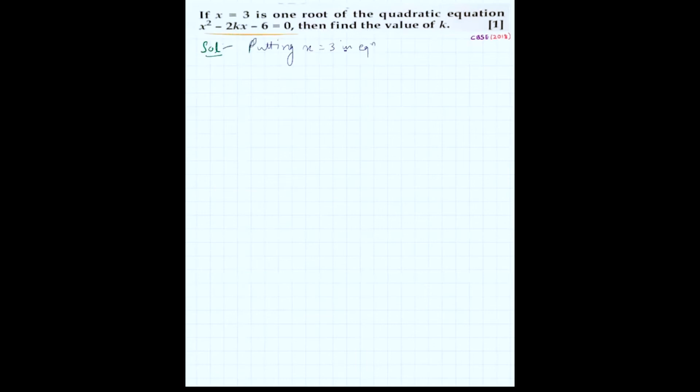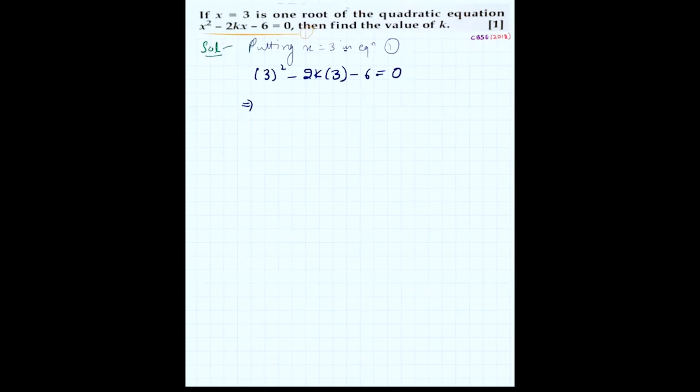Let's name this equation as 1. So by putting this in equation 1, we'll get 3 square minus 2k3 minus 6 equals 0.